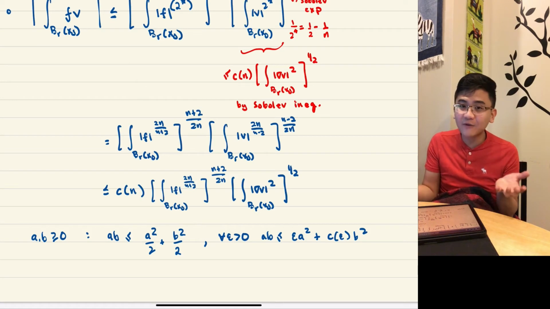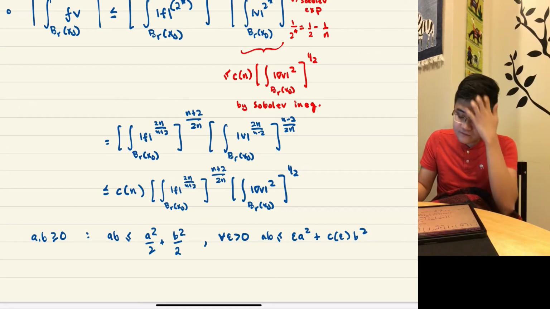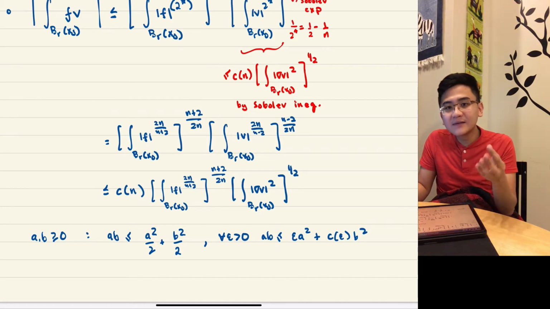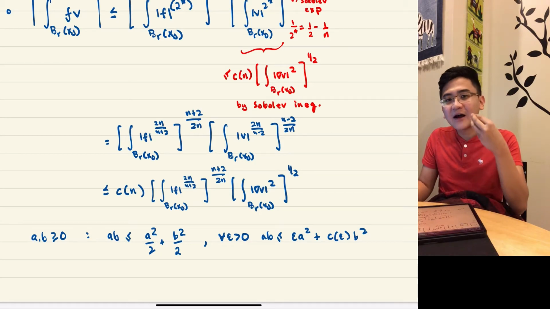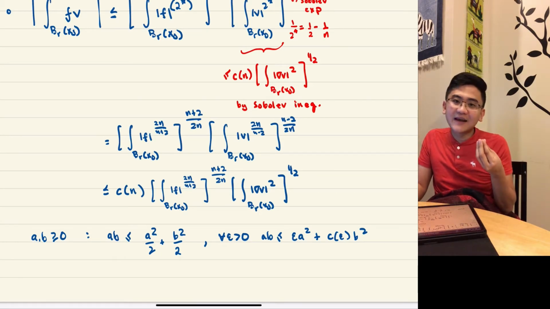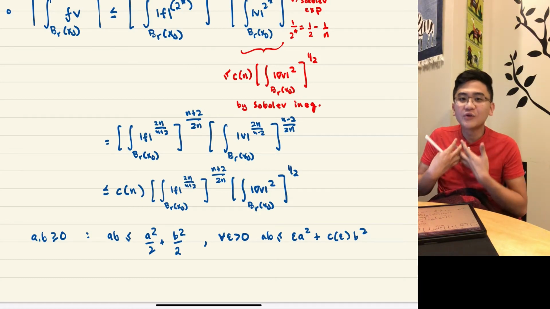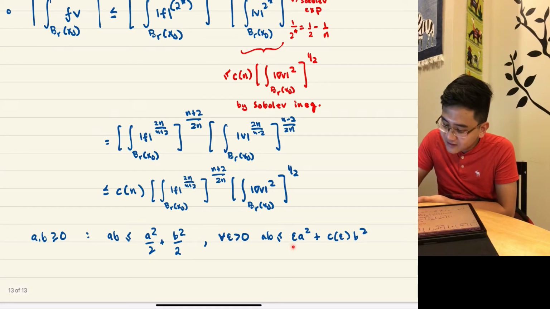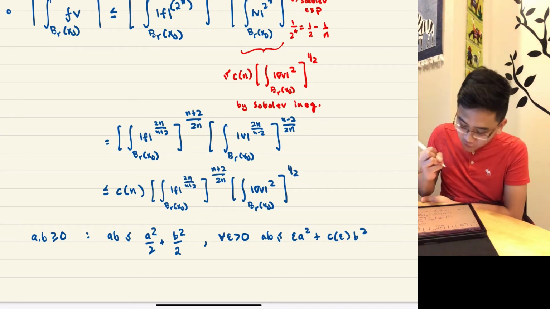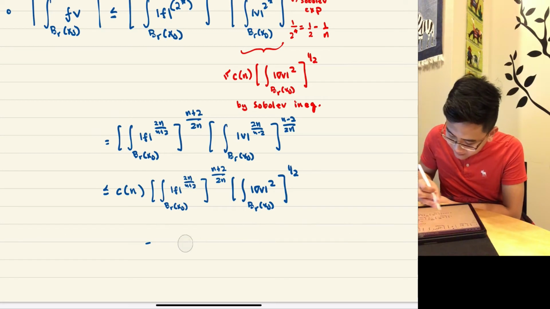You don't get things for free. If you want some kind of result or a nice inequality, you need to give something up, to pay something, in order to tip the scales in your favor. In this case, if I want this to be small, that's at the cost of this being big. Okay, so we're going to apply that to the one that we have here.